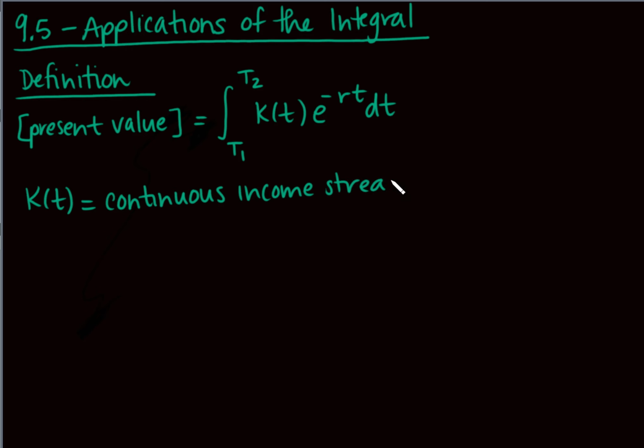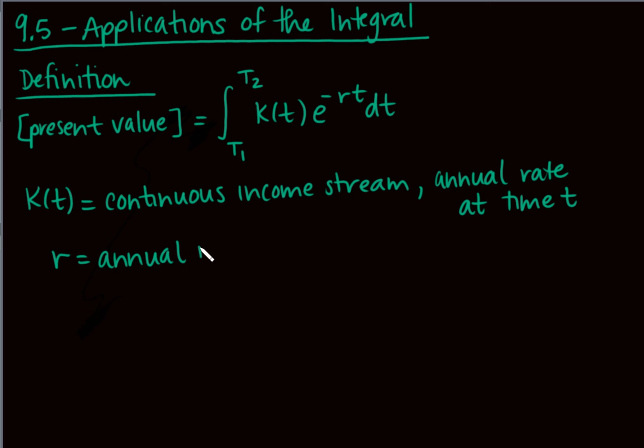This continuous income stream will be the annual rate of income at time T. Another thing is r, the annual interest rate at which we expect something to grow, maybe inflation, whatever is going to cause the money to grow. And T1 to T2 is the time period that we're going to be looking at.